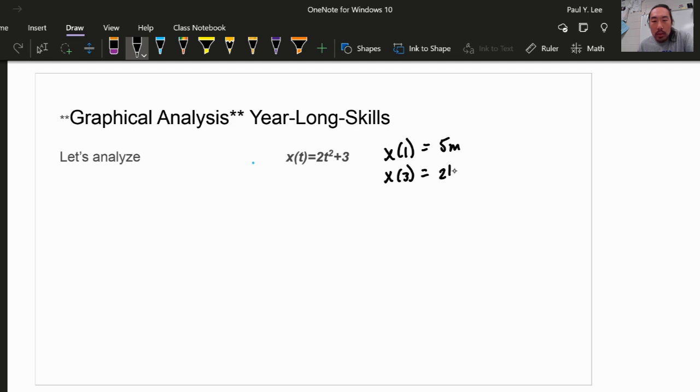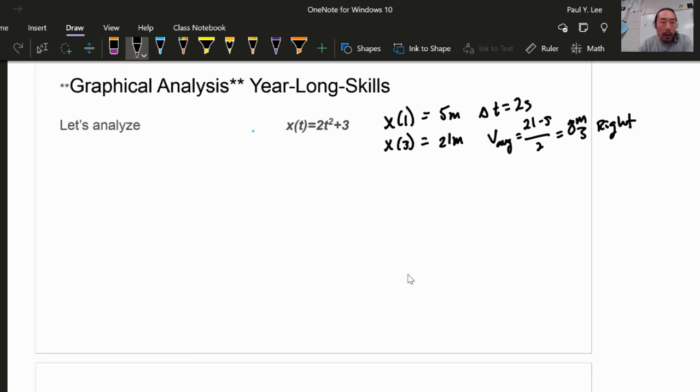It was like 21 meters, right? And we found that the delta t, the change in time from 1 second to 3 seconds, was 2 seconds. Therefore, the v average, we found it to be 21 minus 5, all divided by 2. So this would be 8 meters per second, and we just said it was positive, and so we're just going to put that in there. It's to the right. Okay, so that was the mathematical approach to this function, and we found the average velocity.